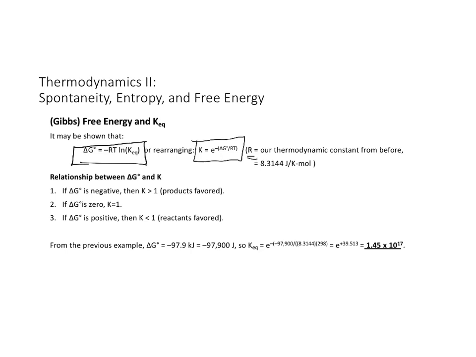This R is just a thermodynamic constant that we saw in the ideal gas law, that we saw in the osmotic pressure formula. We also see it here in the relationship between delta G and equilibrium constant.